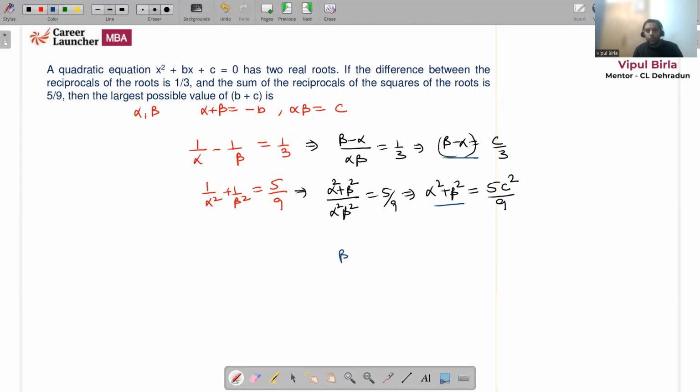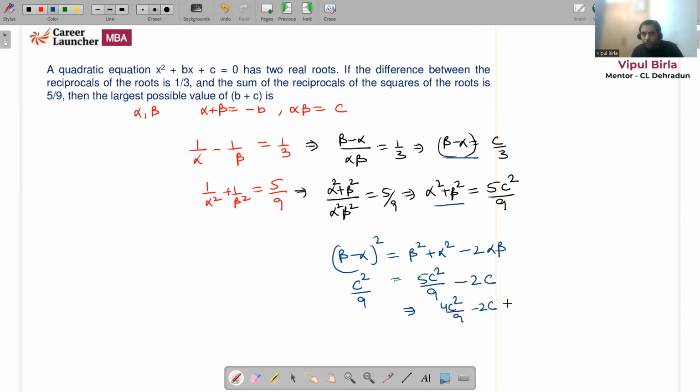I know beta minus alpha square is equal to beta square plus alpha square minus 2 alpha beta. So beta minus alpha can be replaced with C by 3. So it will be C square by 9 is equal to 5C square by 9 minus 2C. From this, we can say, which can be rewritten as 4C square by 9 minus 2C is equal to 0.